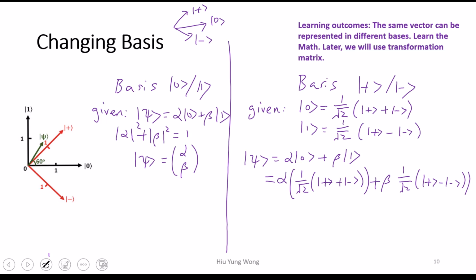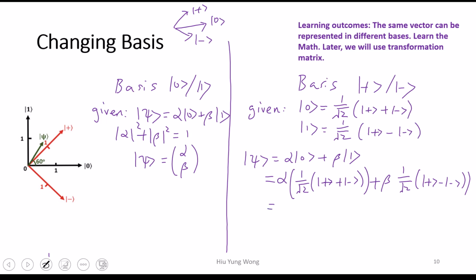Is this okay? I just substitute 0. This is a vector, remember, not a matrix, right? Do not get confused. I'm talking about vectors. This vector equals the sum of these vectors divided by square root 2. I just put it in. This equals the difference of these two vectors divided by square root 2, I put it in. Right? And the rest is just algebra.